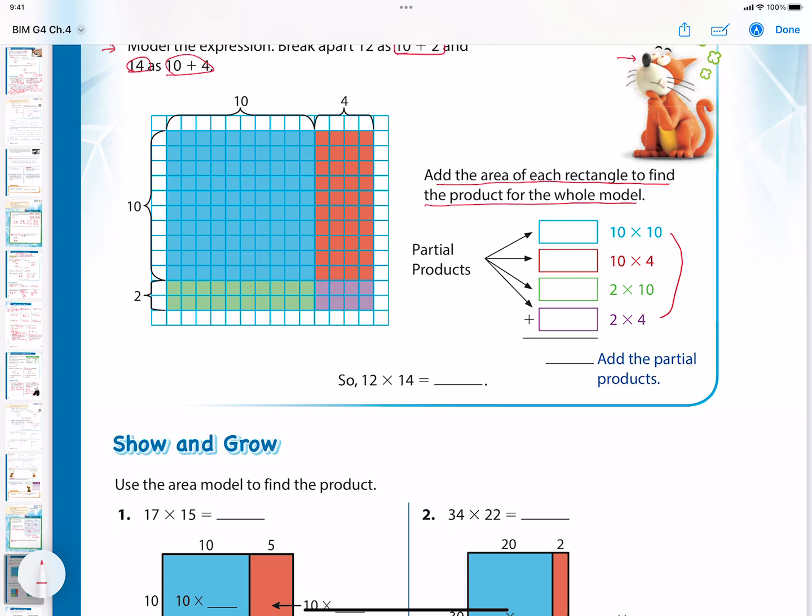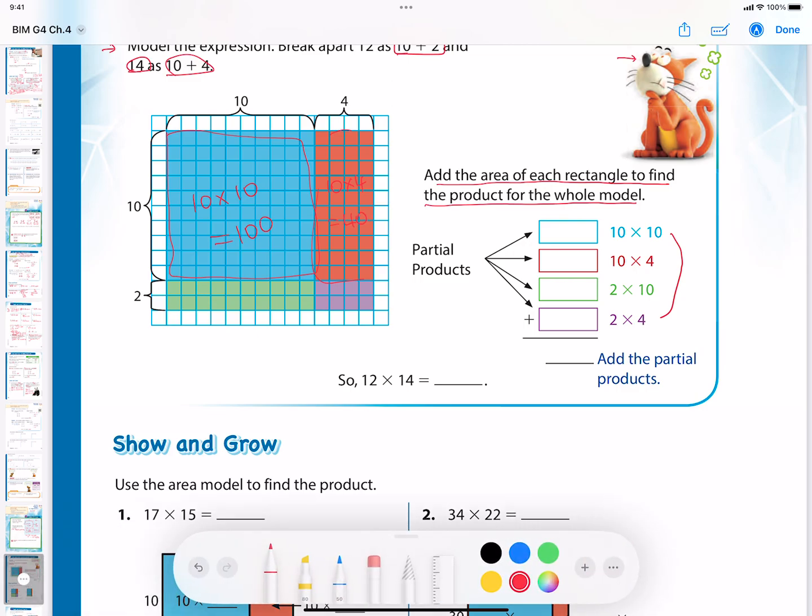Okay, so look at this blue area. It's what? 10 rows of 10, which is 100. Area is what? 100. And this red area is what? 10 rows of 4, which is 40. Maybe I need to change the color. So 10 times 4, which is 40.